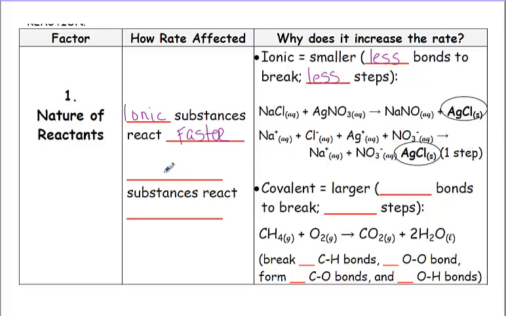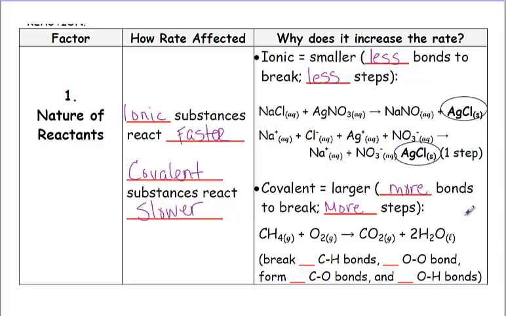Now, covalent substances obviously will react slower. Okay, so it's the opposite. Covalent have larger molecules, so there are more bonds to break, so there are more steps. And let's look at an example here. We have methane gas and oxygen gas to form carbon dioxide and 2 water molecules.